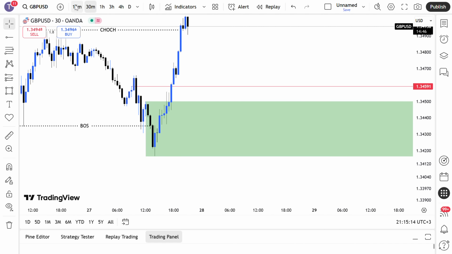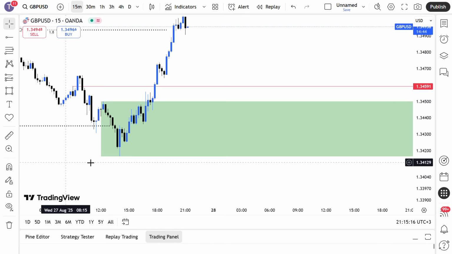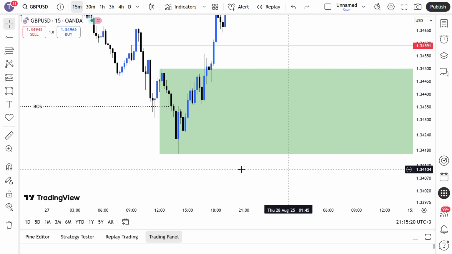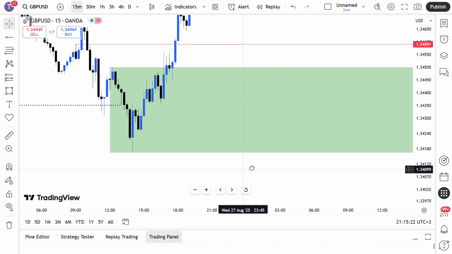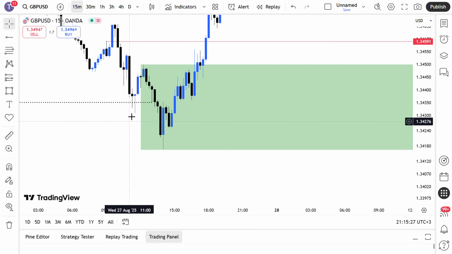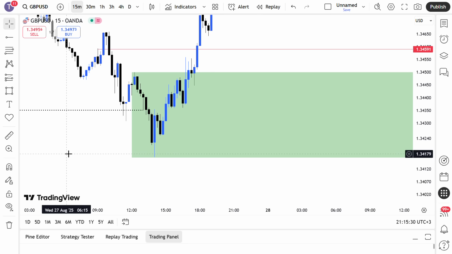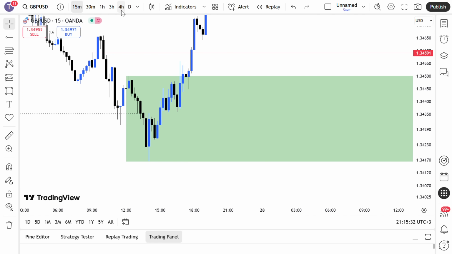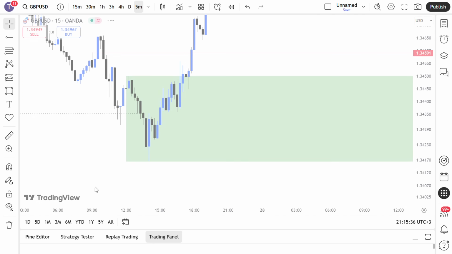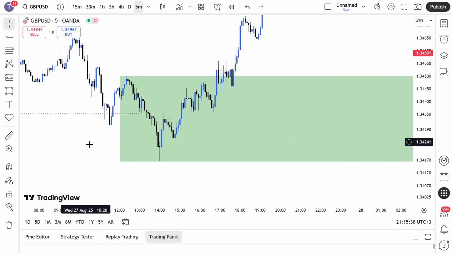And on the 15 minutes time frame, if we don't have any good order block, we'll instead use the order flow. On the 15 minutes time frame, this is the last push to the downside. And I think that is why the 4-hour time frame gives us that order block.